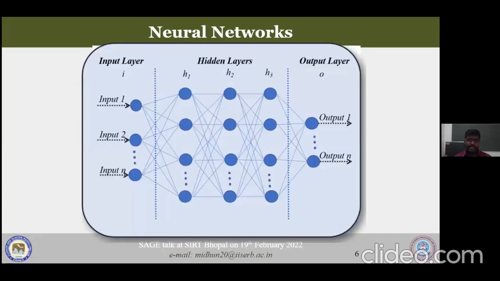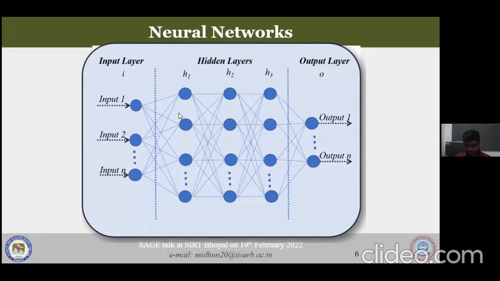Any neural network is made up of a number of neurons, and several neurons contribute to several layers, and these layers contribute to the entire network. As you can see here, this network is connected like a human brain.